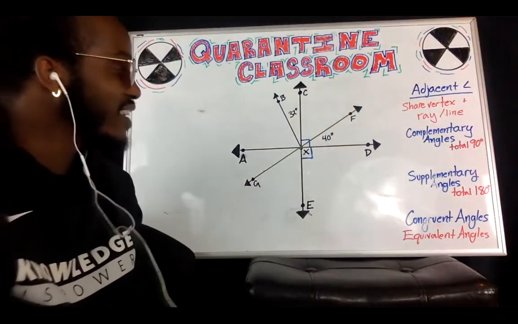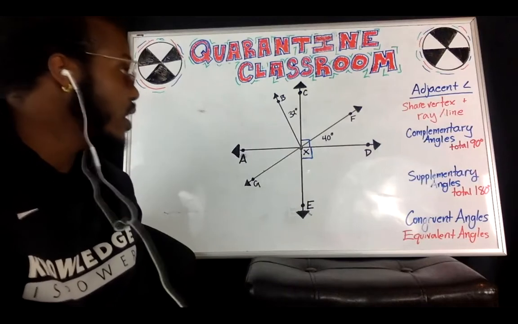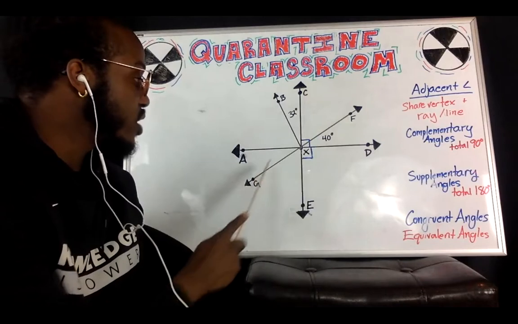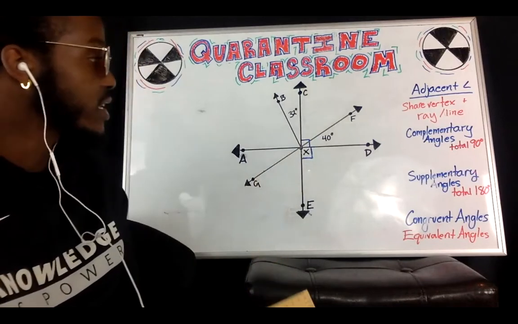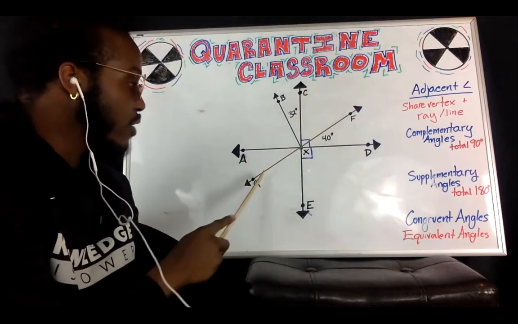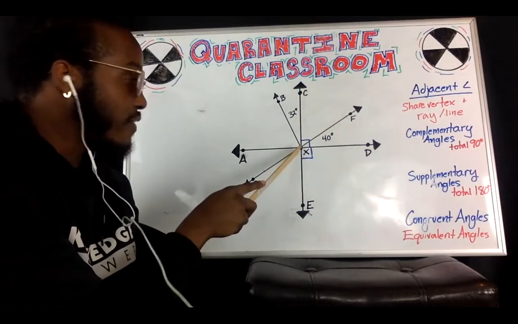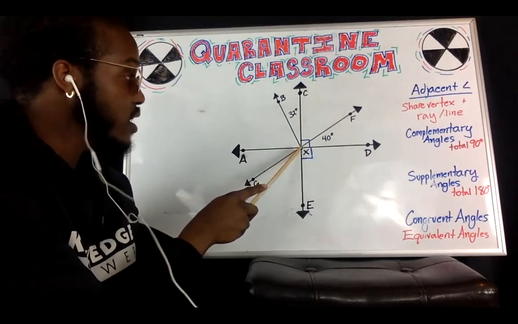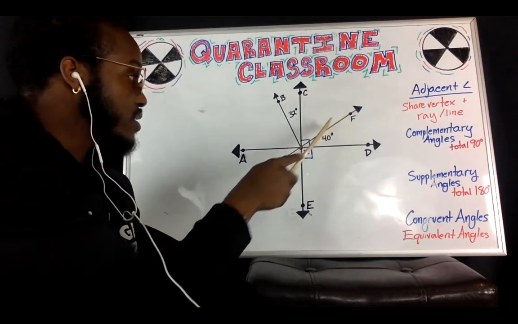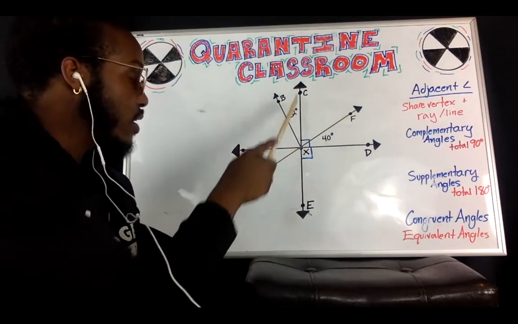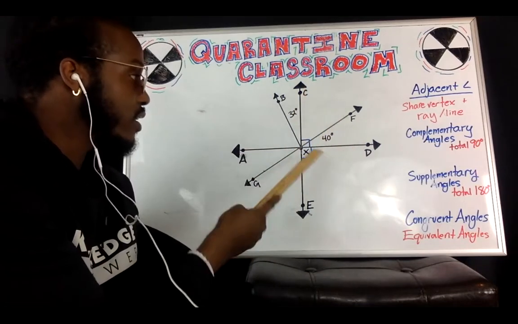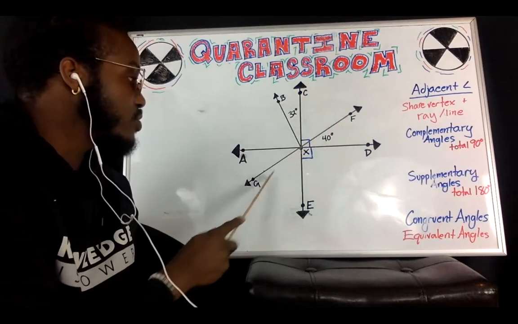Another example of an adjacent angle could be angle CXF and angle GXE. The reason that we can tell is because angle CXF and angle GXE do have the same vertex at that point X. So their angles are being formed at the same point, and they're adjacent because angle CXF is formed by the same line that angle GXE is.